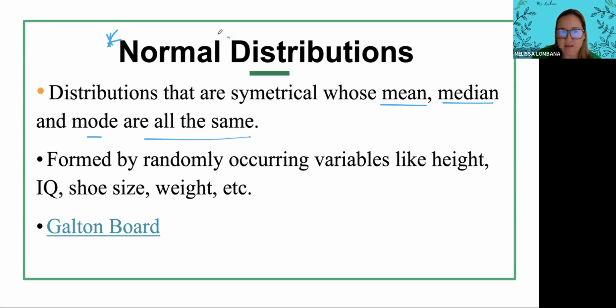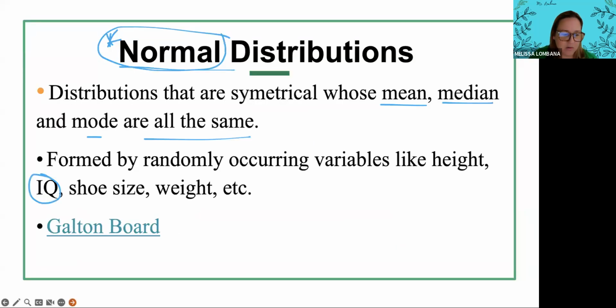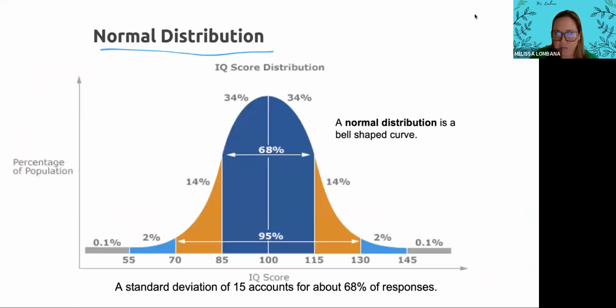That means your data, your average scores, are all very near each other, which we want. We're going to mostly see this, for at least this class, in a lot of the IQ material. When we get into IQ, we'll talk more about this normal distribution. I need you to draw this in your notebooks.